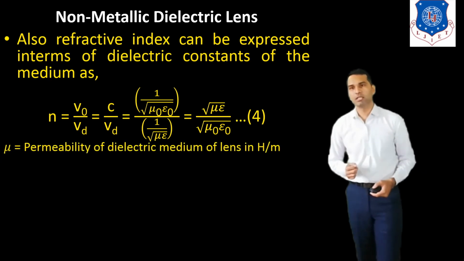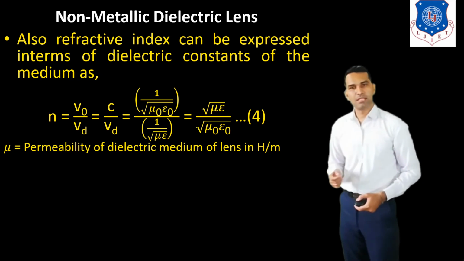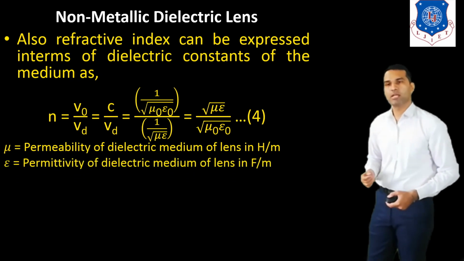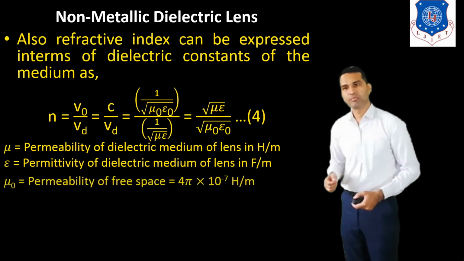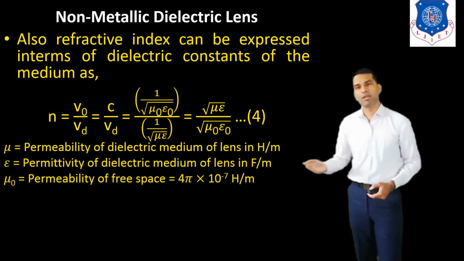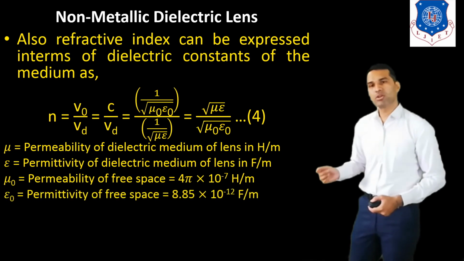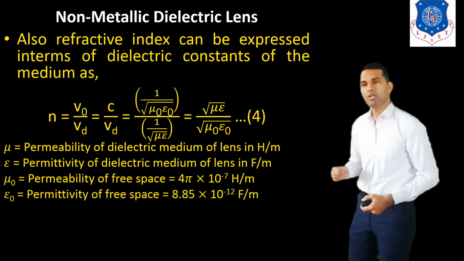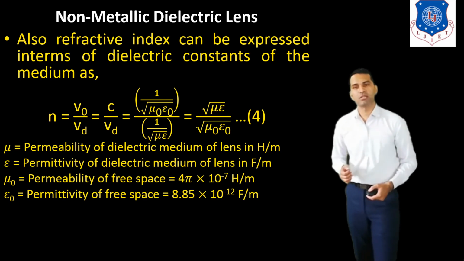Here mu indicates the permeability of the dielectric medium of the lens. Epsilon indicates the permittivity of the dielectric medium of the lens. Mu 0 indicates the permeability of the free space, and its value is 4 pi into 10 raised to minus 7. And epsilon 0 indicates the permittivity of the free space, and its value is 8.85 into 10 raised to minus 12.